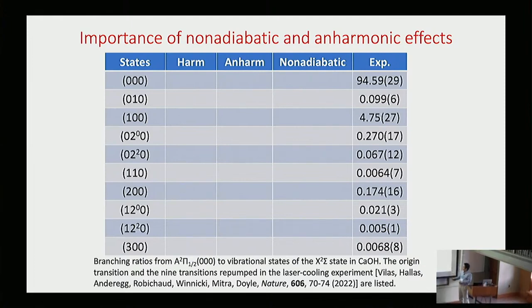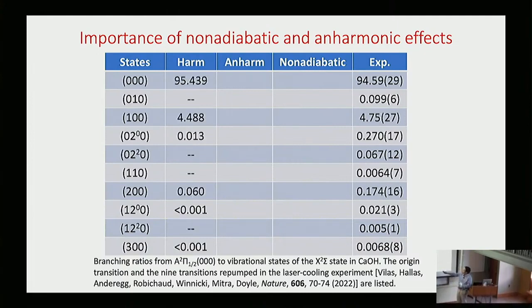So we can see that many of them are at the level of 10 to the minus 3 and 10 to the minus 4. If one does a harmonic approximation to both the upper and lower electronic states, this is what you get.